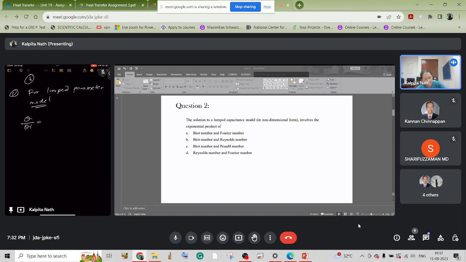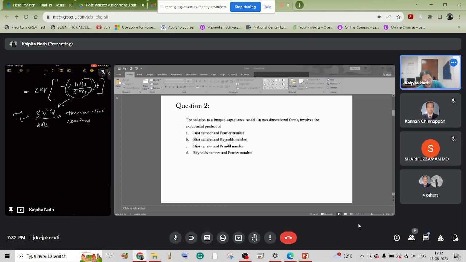theta upon theta i is equal to (T minus T infinity) upon (Ti minus T infinity), which is equal to exponential of minus hAs upon rho V Cp into t. Now tau t, the thermal time constant, is equal to rho V Cp upon hAs.